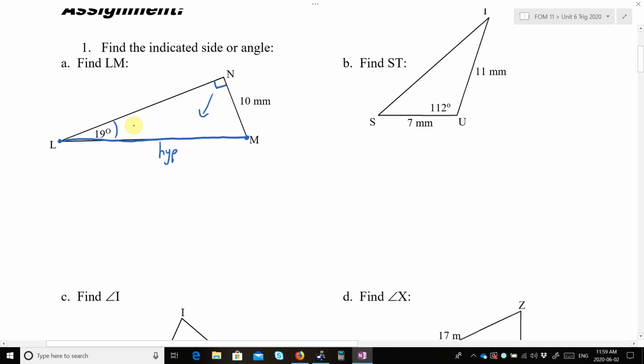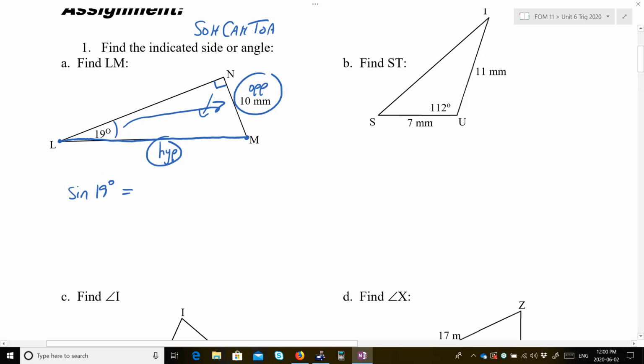And this is the angle we have. We've got that side over there, which is the opposite. So I'm going to use opposite and hypotenuse, and that comes from the sine ratio. So sine of 19 degrees is equal to 10 over the hypotenuse, which we could call x. Remember when you have this type of equation, those two things switch.